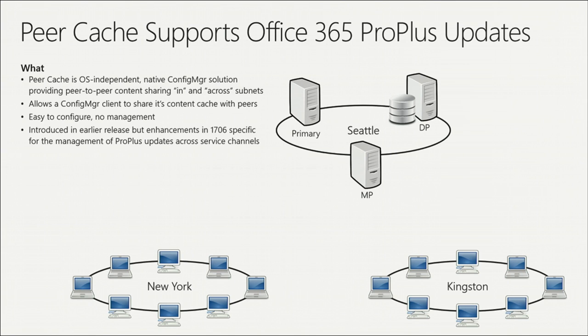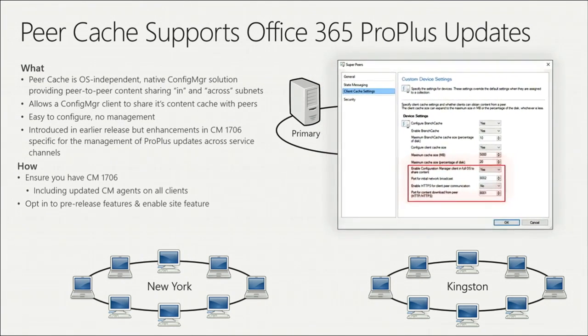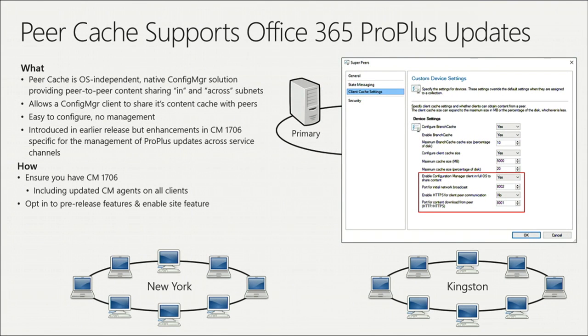Now, what this allows you to do, it says, okay, if I have defined my boundaries and I've defined all my different devices, I can go ahead and instead of going to a DP or going out to the CDN, I can leverage an existing host nearby and be able to grab the set of bits that I really need.